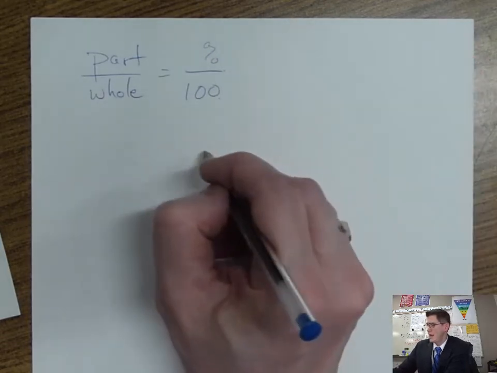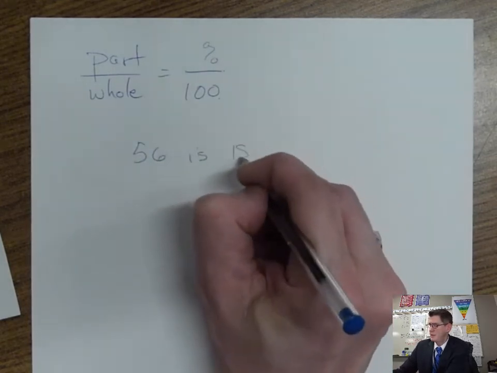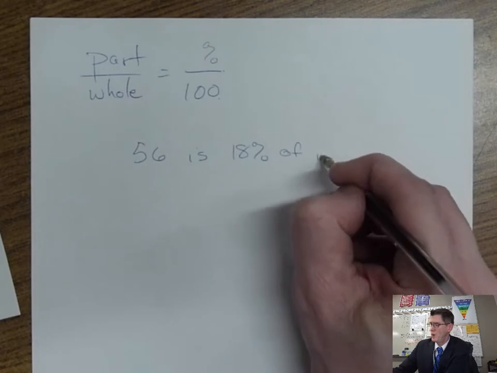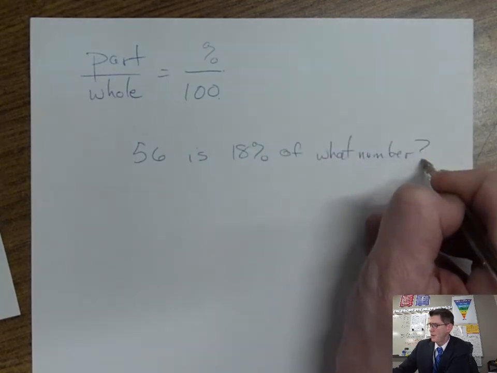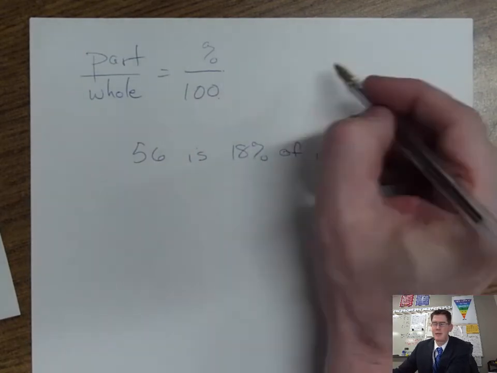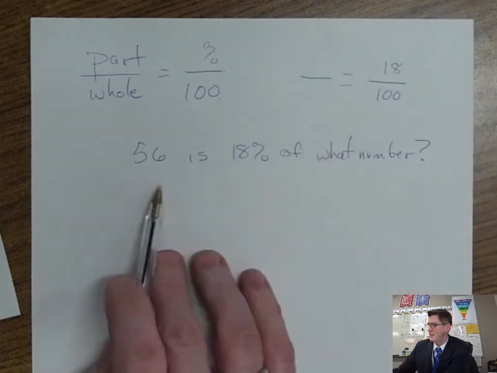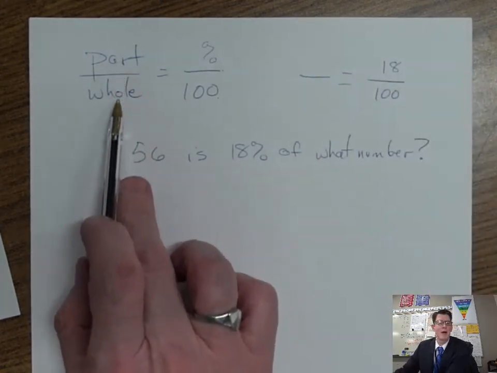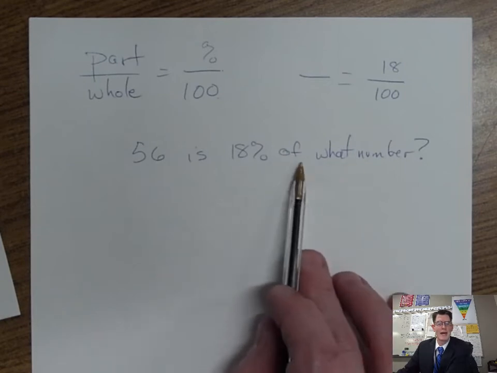So if you have 56 is 18% of what number? Again, just by way of review, there's the 18%. And then which of these is the part and which is the whole? Well, whatever we're taking it of that number, that's the whole thing.